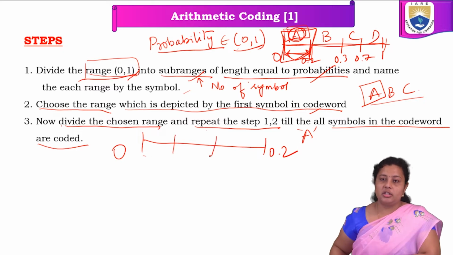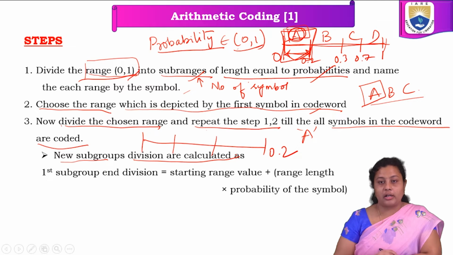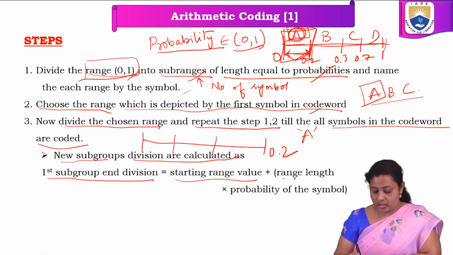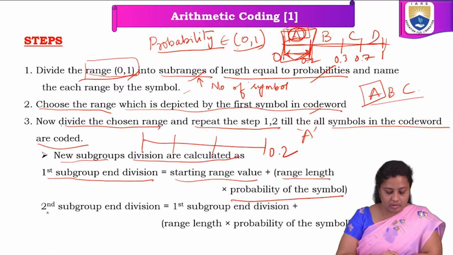It is given by this equation. The new subgroup divisions are calculated as follows: the first group's end division is given by the starting range value plus the range length times the probability of my first symbol.